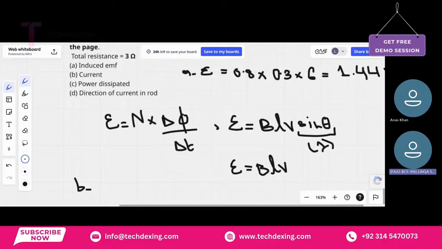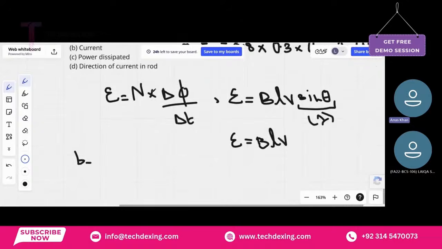How can we find the current? To find the current here, we can use the formula epsilon is equal to IR, right? So we will rearrange it.